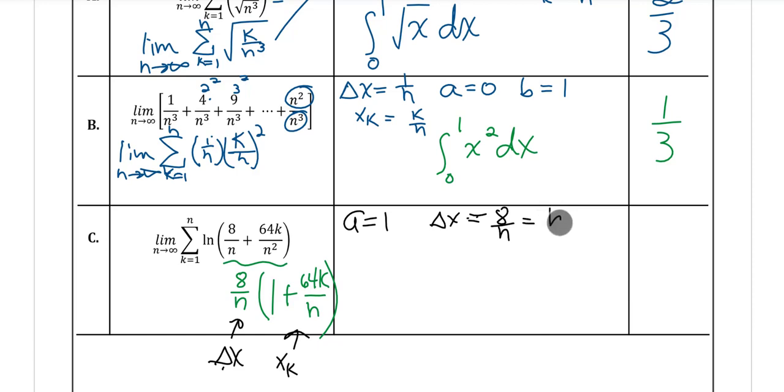That means that b minus a over n is going to be, so our b minus a has to be 8. So we have b minus 1 equals 8. So b is 9. And then, oh, I wrote that wrong. I'm sorry. This should be 8k, because I have to get a 64 when I substitute that in there.